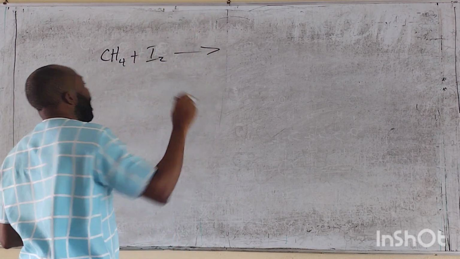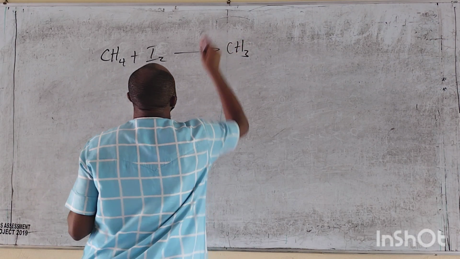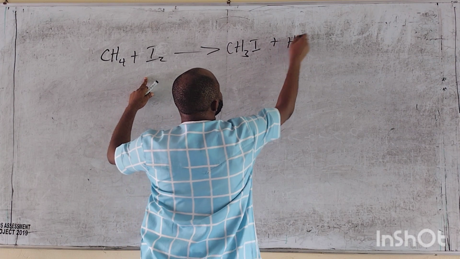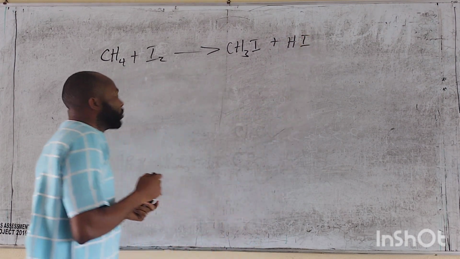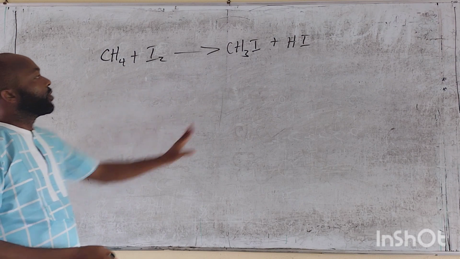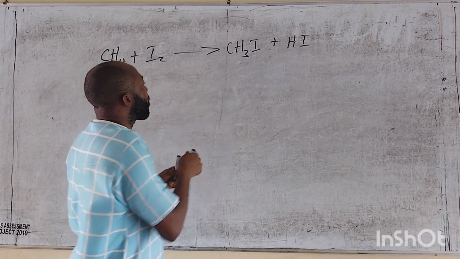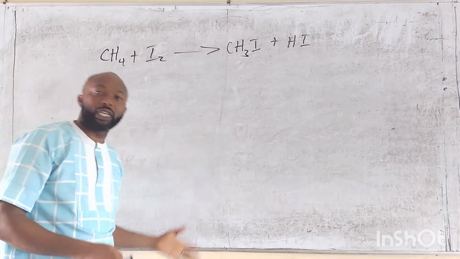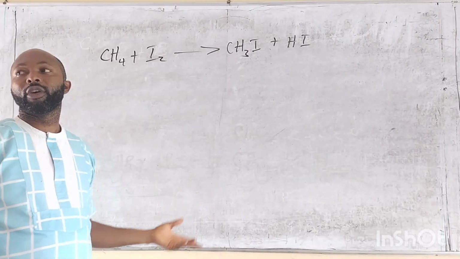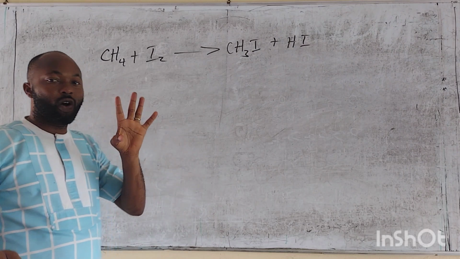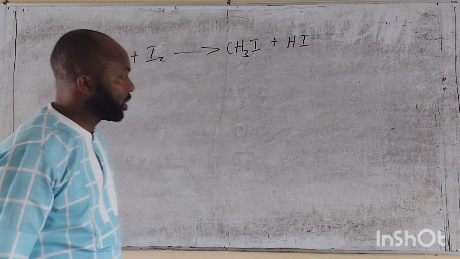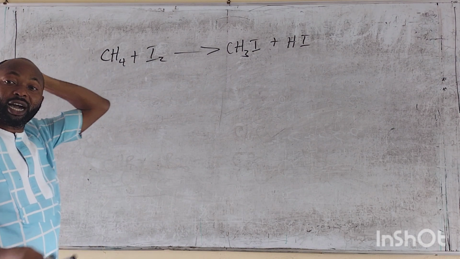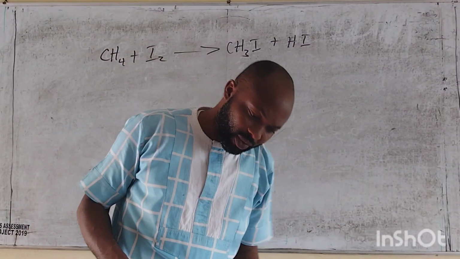The first step, I have my CH3I, 1 hydrogen will go, and 1 iodine plus hydrogen iodide. If you proceed with this, the next step, 1 hydrogen will leave, and we have 2 iodine. The third step, another hydrogen will leave, 3 iodine, and the last step, the last hydrogen will leave, and we'll have 4 iodine, and so on and so forth. So do it for your own personal aggrandizement. Let's put it that way.